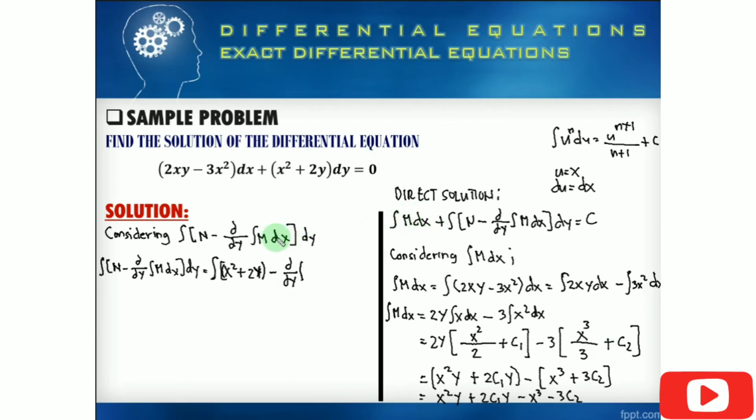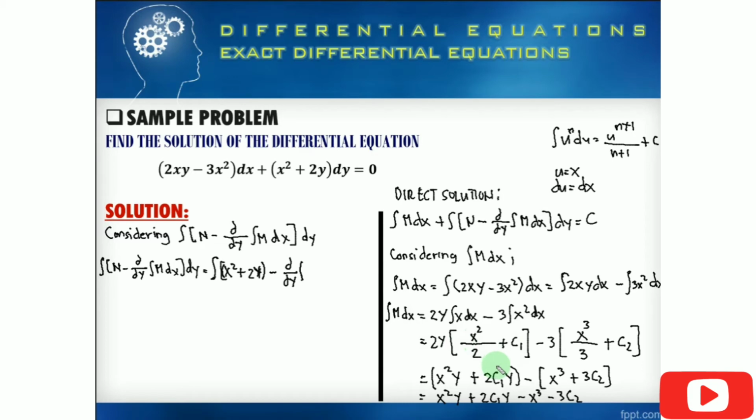So for this second term, this is a different constant, so we can no longer use c1 and c2. Therefore, we still have this integral of m dx equal to this one, but we will replace c1 and c2 with other constants, c3 and c4.